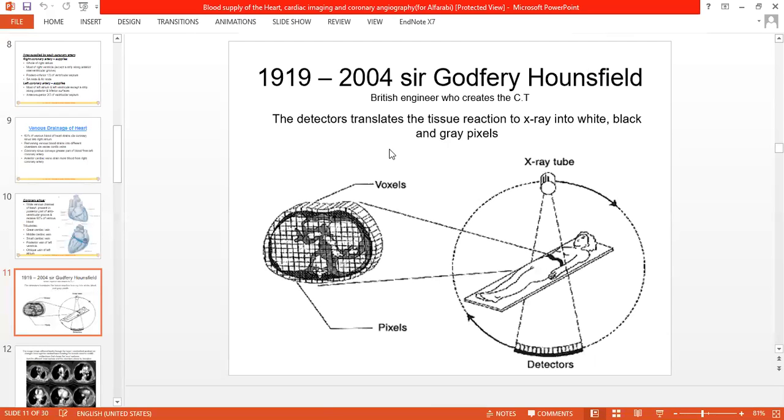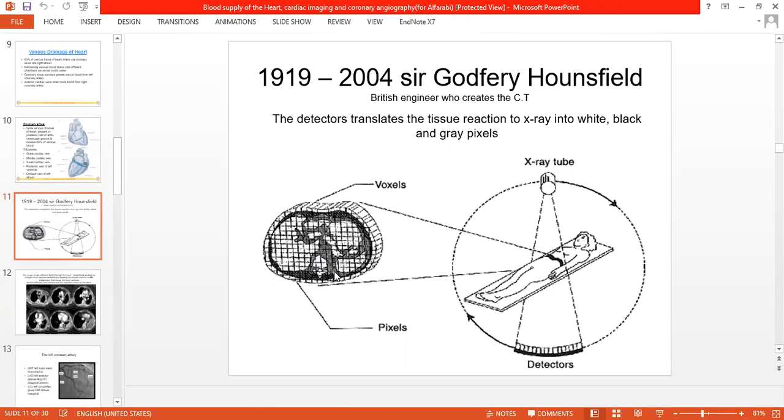He was the British engineer who created the CT scan. The detector translates the tissue reaction to X-ray into white, black, and gray pixels. So whenever the X-ray radiation is passed, it will be turned on the detector as white, black, and gray pixels. Okay, so this is how it looks.